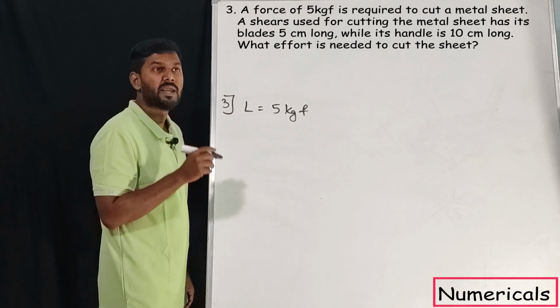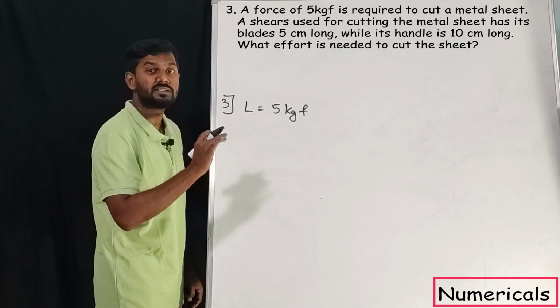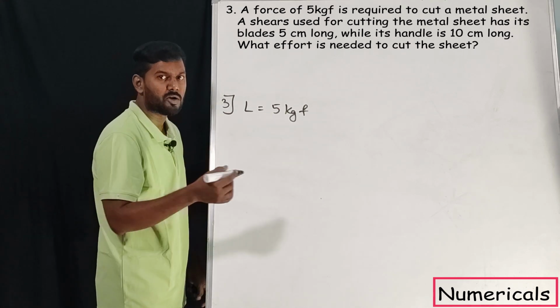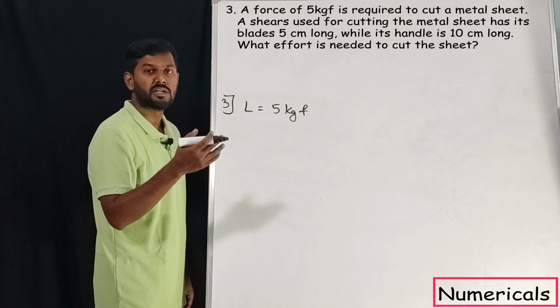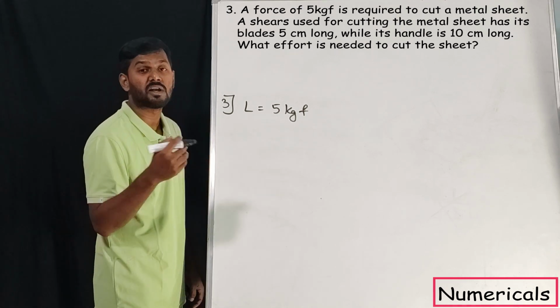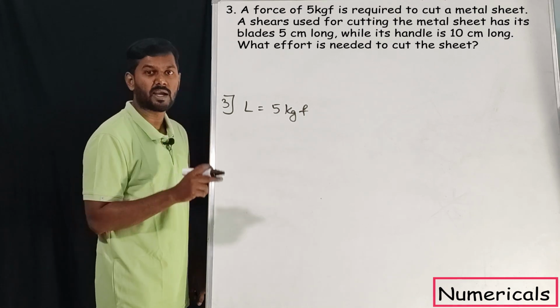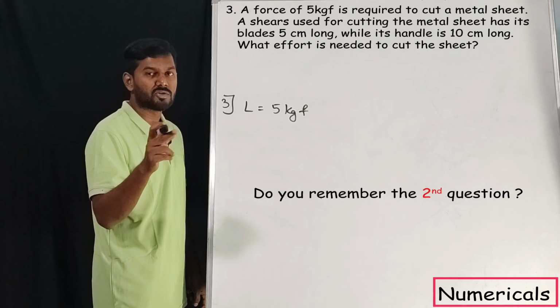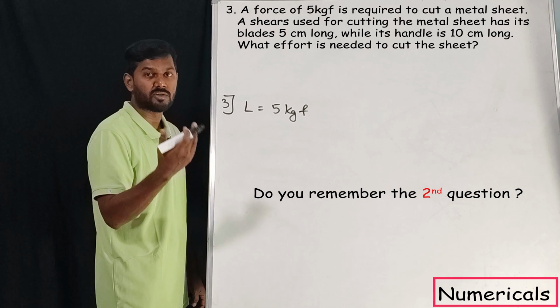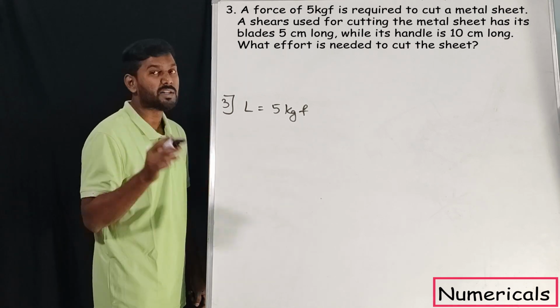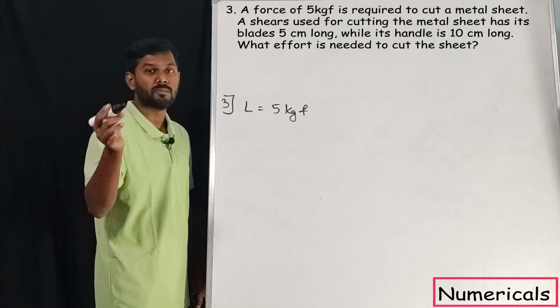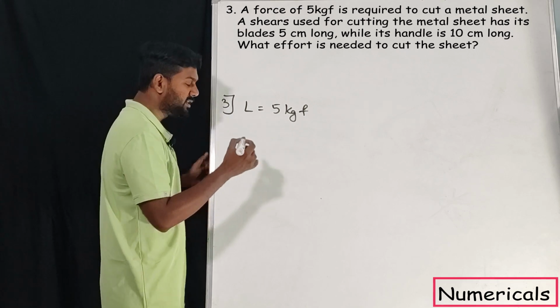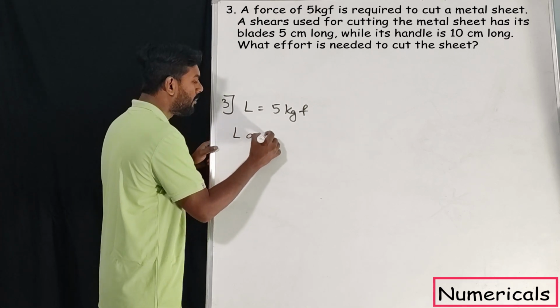And blades. Blades mean that is load arm, correct? Whenever we are talking about blades, or instead of shear you can take scissor also, in scissor, blades are taken as load arm. Do you remember the first question? Yes. In that first question we understood blades are load arm. So blades are nothing but load arm.